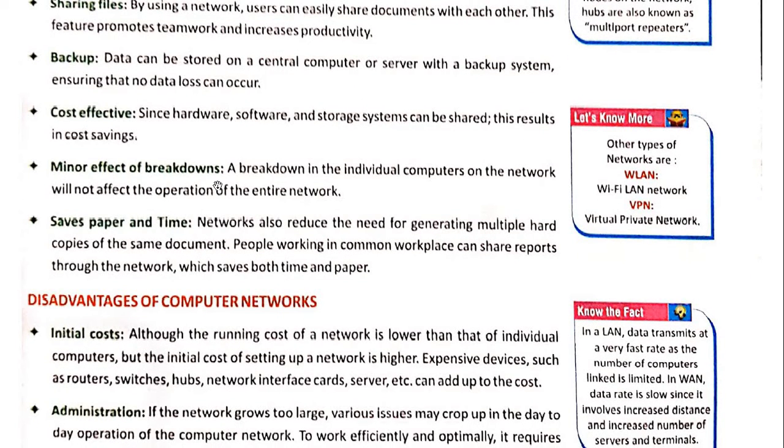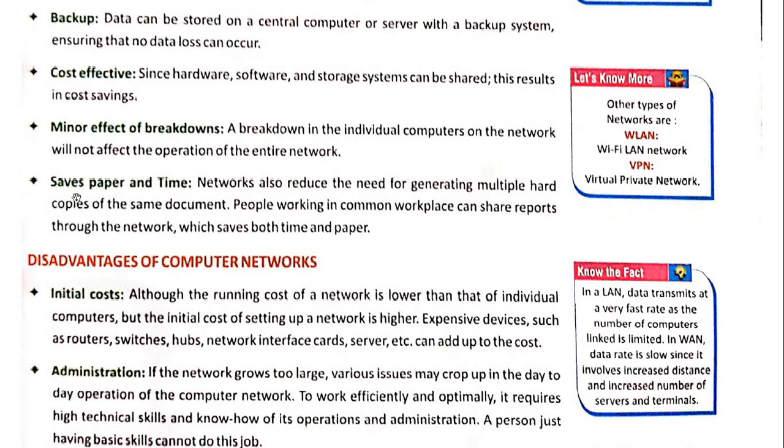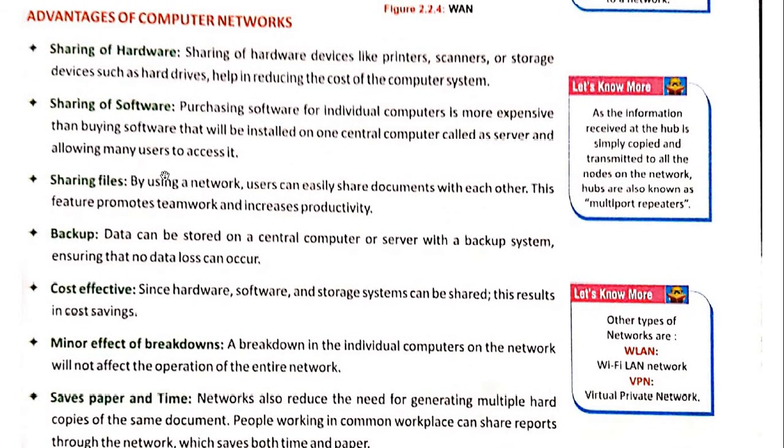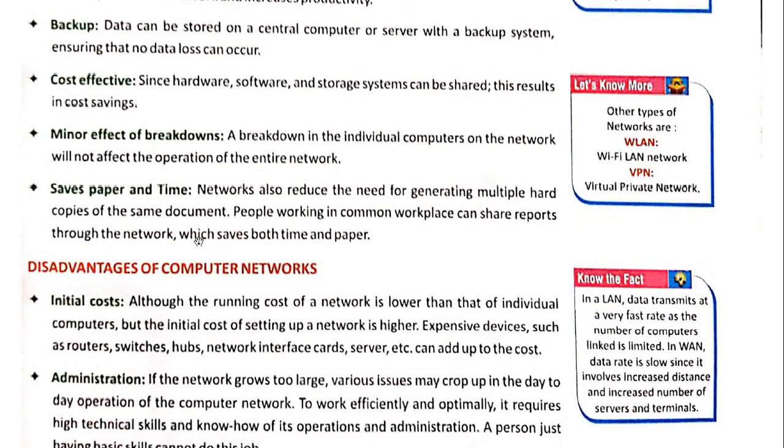There is very little risk of breakdown, and it also saves paper and time. So how many advantages have we just seen? 1, 2, 3, 4, 5, 6 and 7. So these are the 7 advantages.